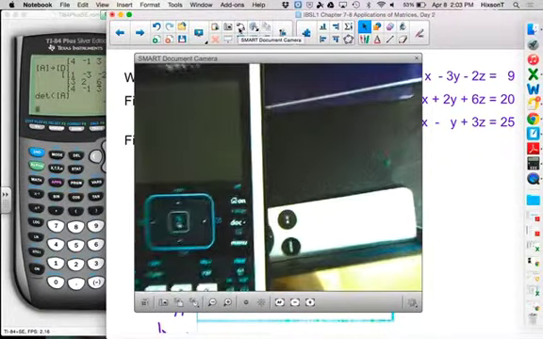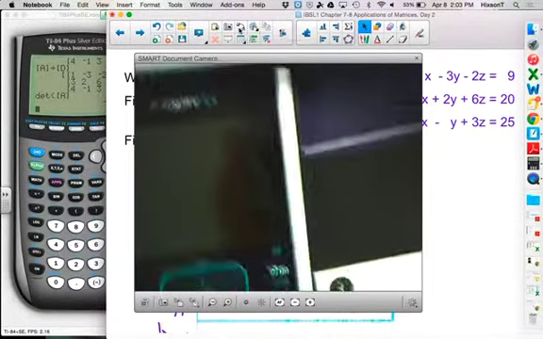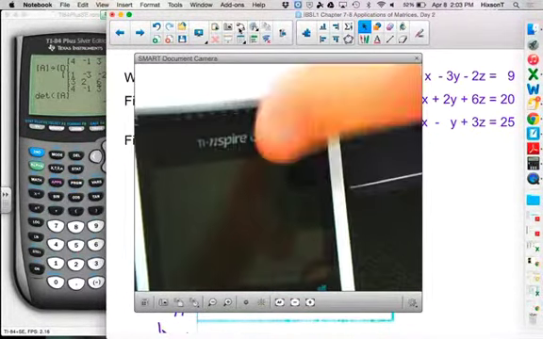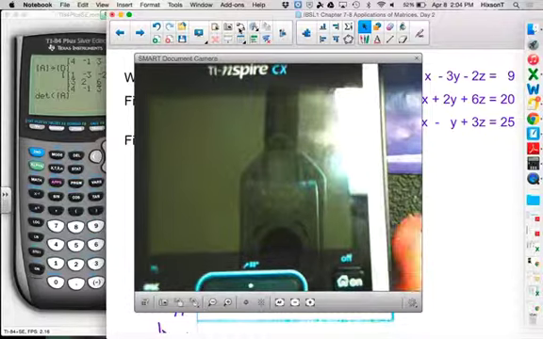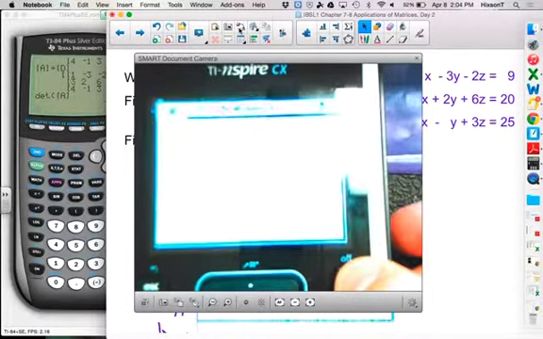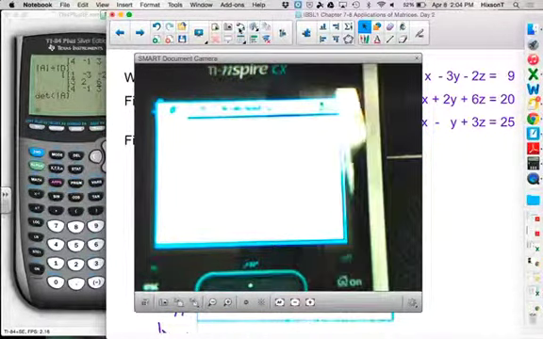We'll zoom in here. All right, so if you've got the Inspire, we'll get this thing to focus.